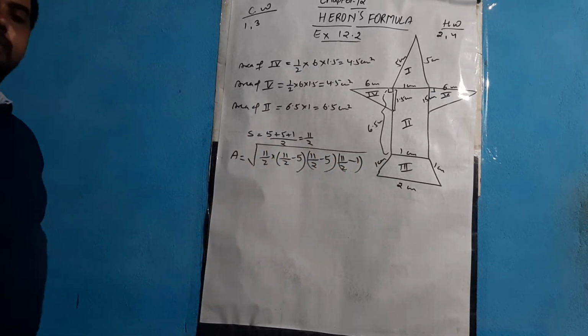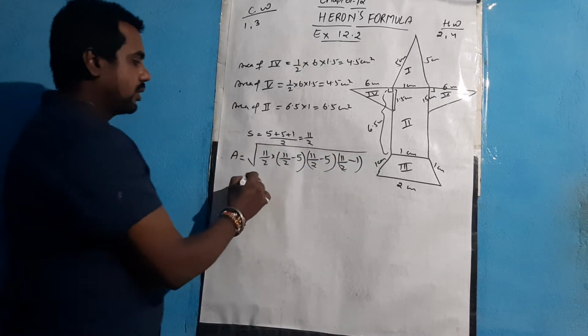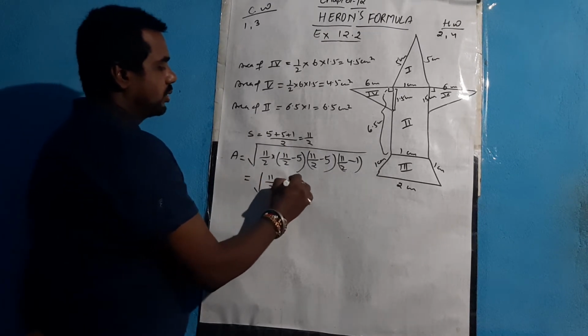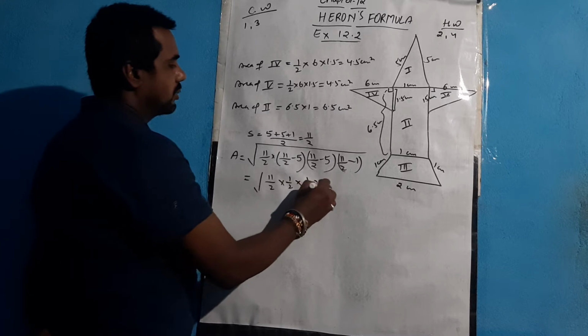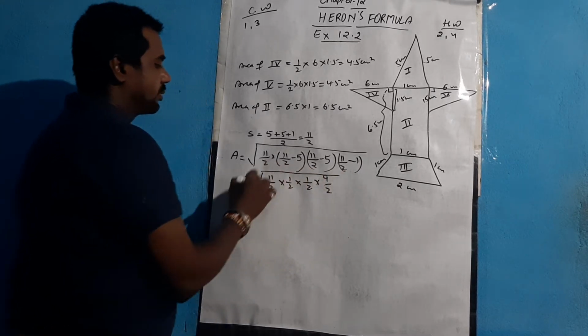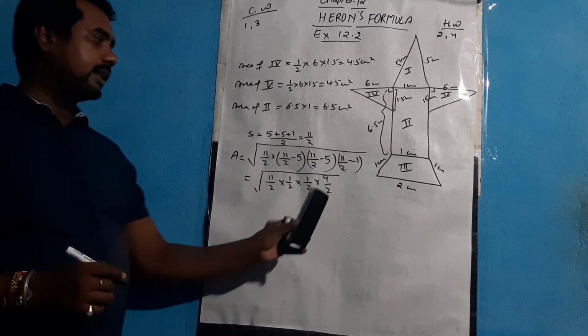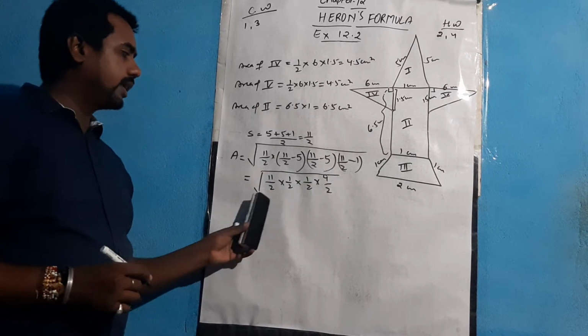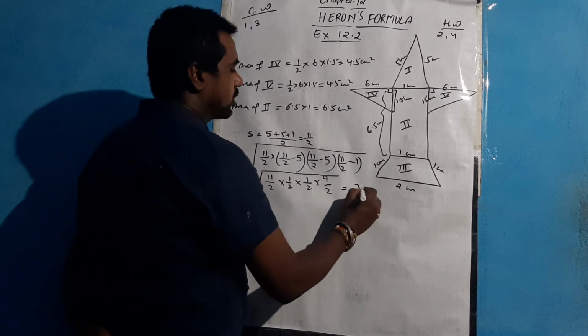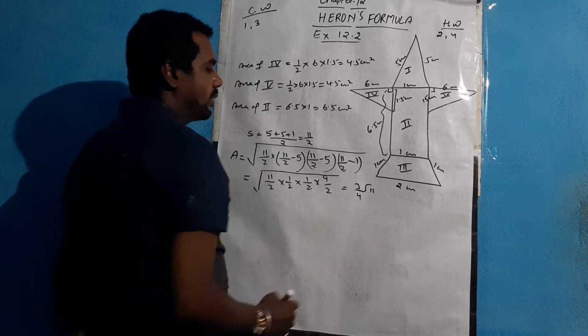S minus A, S minus B, S minus C. So this will become now 11 by 2 into 1 by 2 into 1 by 2 into 9 by 2. As you know that 9 is a perfect square, so 3 will come outside. 16 is a perfect square, so 4 will come outside. So this becomes 3 by 4 root 11.